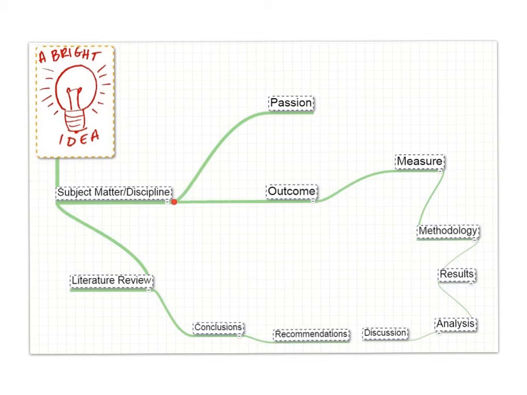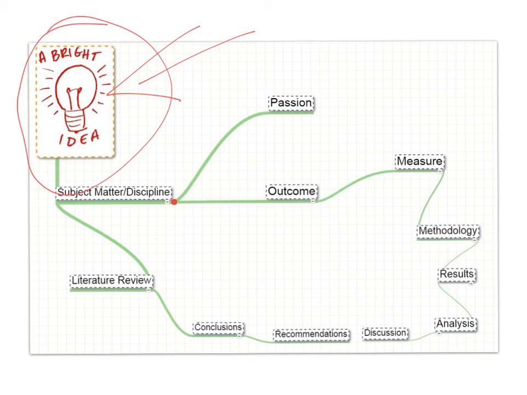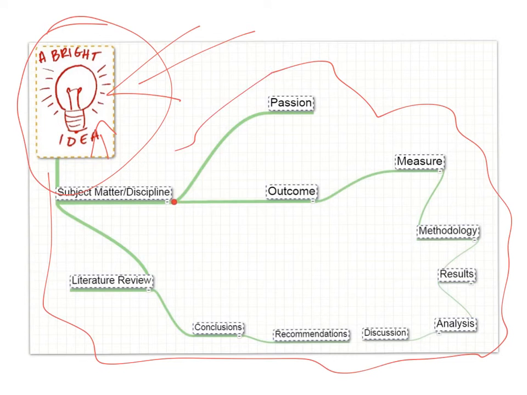So here we have a mind map that I created based on a workshop that I was providing. We started off with our large node here, which I inserted an image into, which represents the main idea and developing ideas. And from that, this outlines the research process in terms of selecting a specific subject matter, basing it on a passion, and then looking next at what your outcome and the measurement that you will use to assess that.